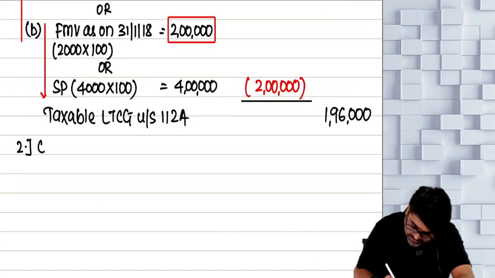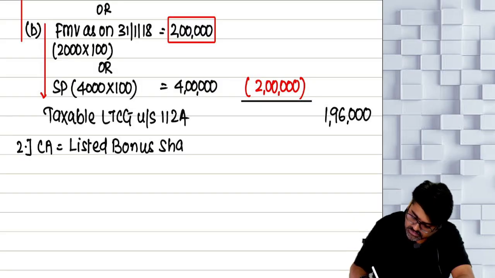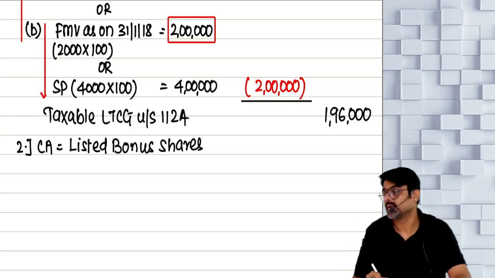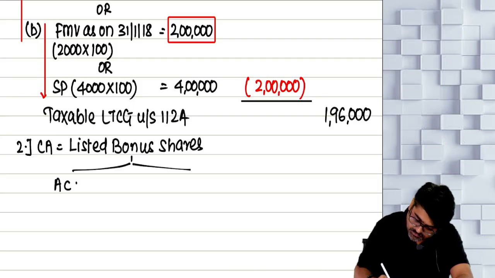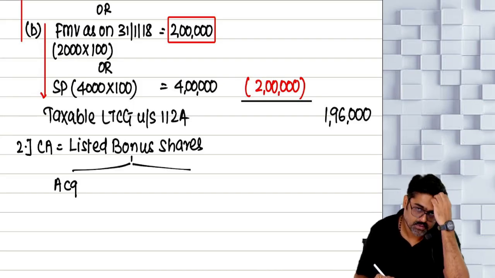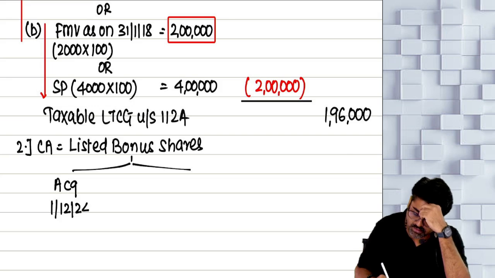Now second capital gain also I'll calculate. Second capital gain, capital asset is what? Listed bonus shares. How much? How many bonus shares? Bonus shares are issued in the ratio of 1:1. So guys, bonus shares are acquired on what date? Acquired on 1st December 2024.